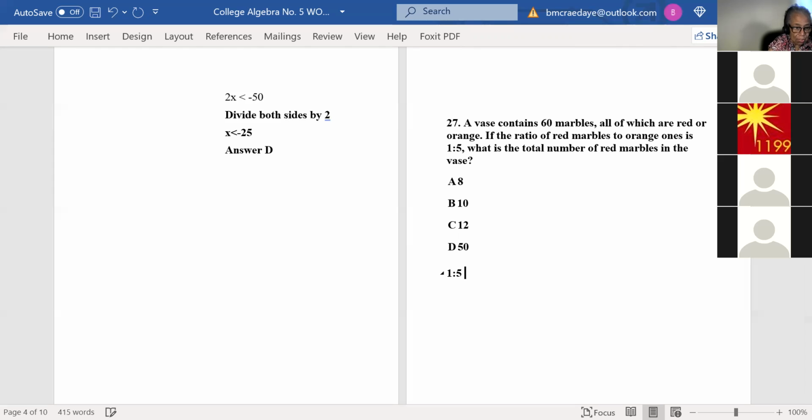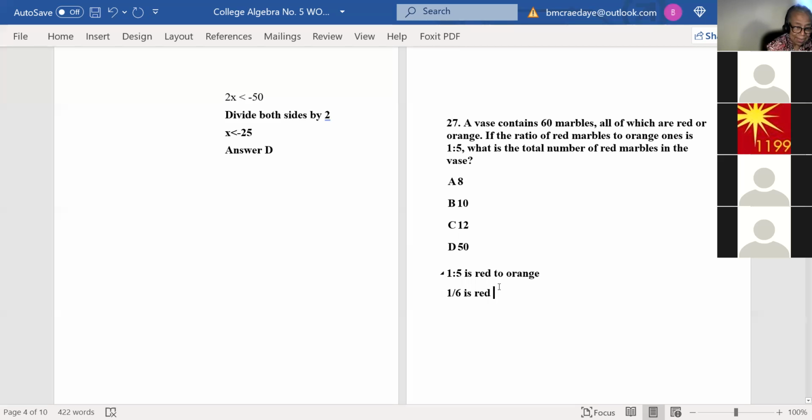So this is red to orange. That means out of a total of 6, you'd have 1 over 6 that is red. So if you have 60 marbles, Latoya, what's 1/6 of 60? 10.